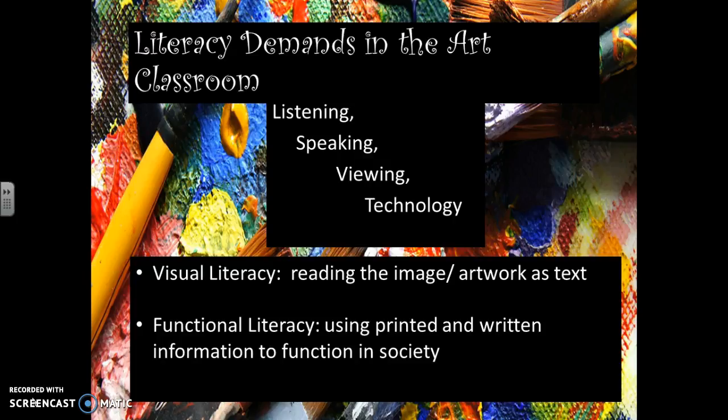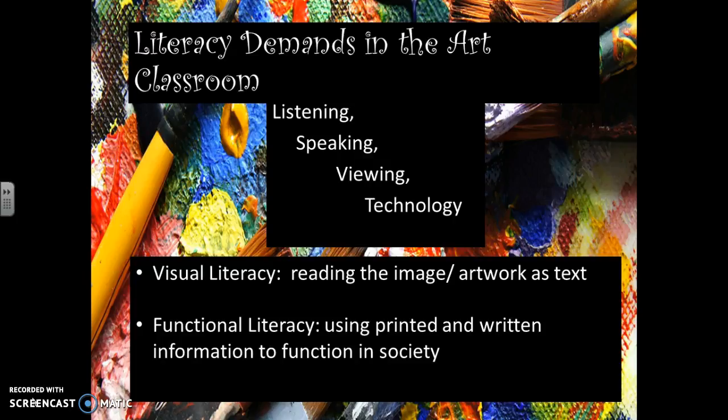Visual literacy consists of thinking about the artwork as a piece of text. A quote taken from the article that I read includes, "The term literacy now includes many forms of being literate, including digital literacy, cultural literacy, oral literacy, textual literacy, and visual literacy.